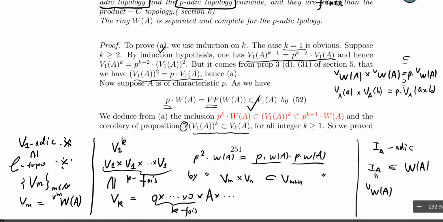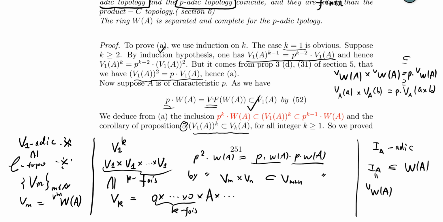It's the same thing. It says IA-adic compared with the p-adic topology, if p is nilpotent in R.